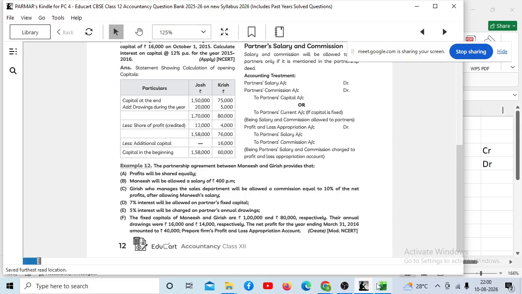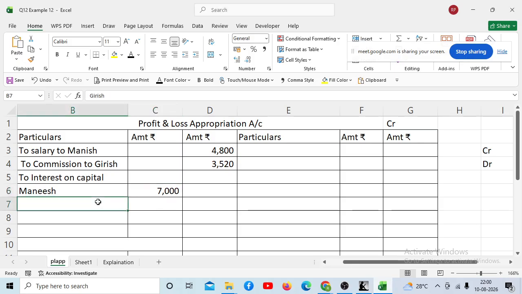Girish. Girish's capital is 80,000. On 80,000 calculate 7%: 5,600. Take the total in the outer column: 12,600.